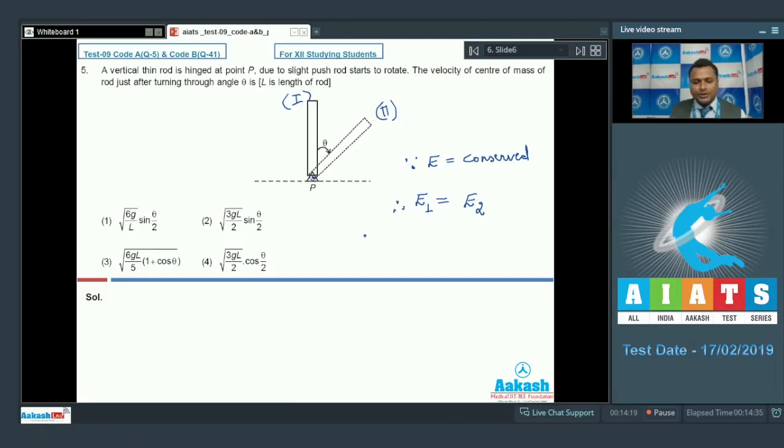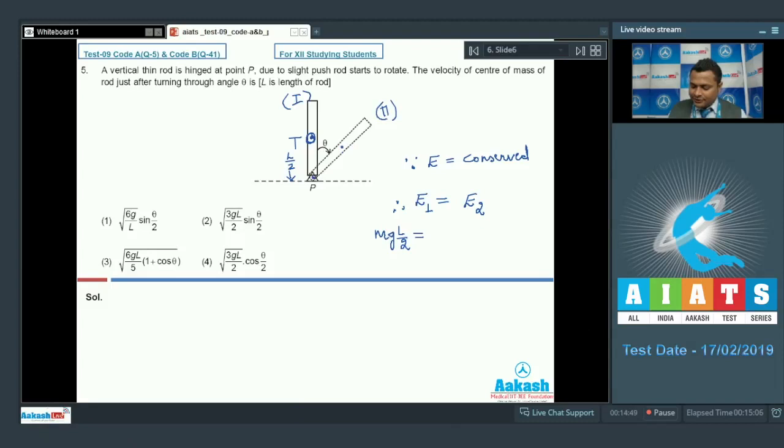The total energy in situation 1 is only potential energy it has. Height of center of mass above the ground is L by 2. So we can take the potential energy mgL by 2. No kinetic energy because it has just started, equals the total energy in situation 2.